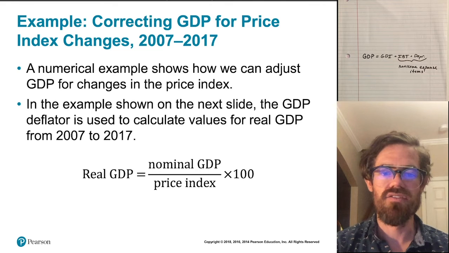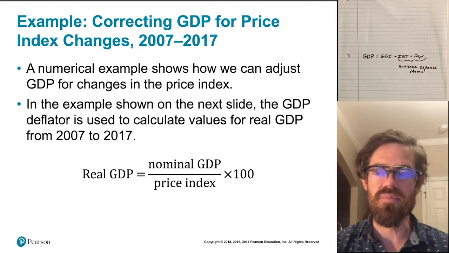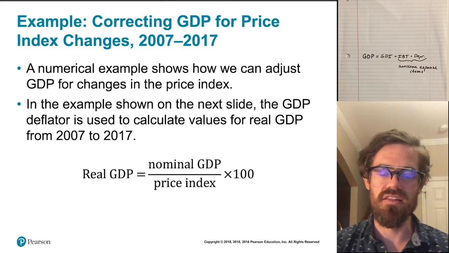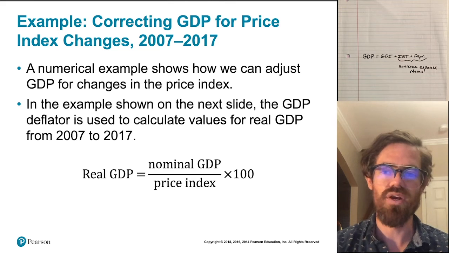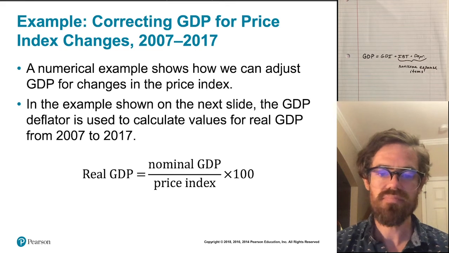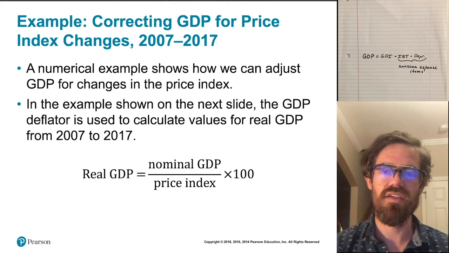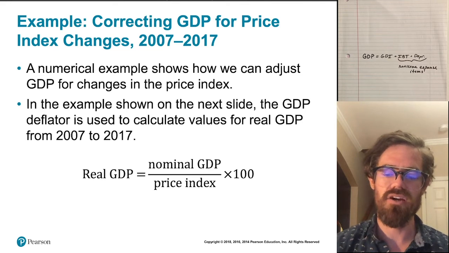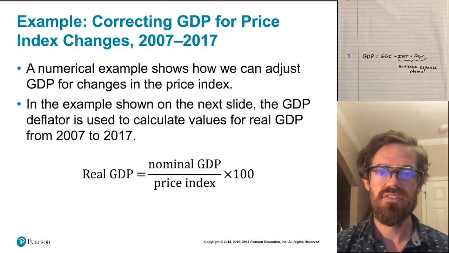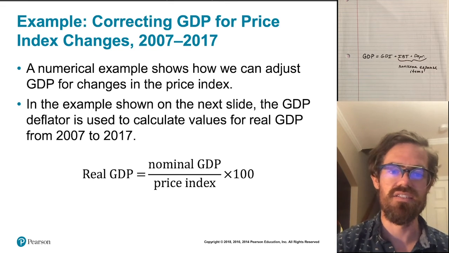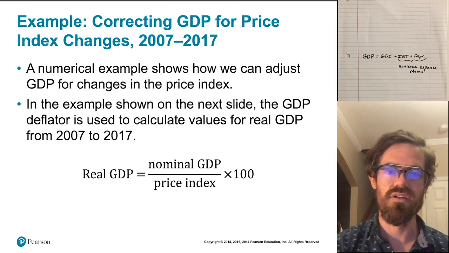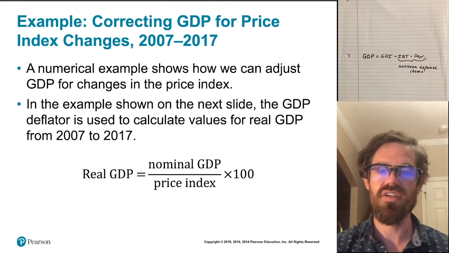So if we're talking about 2019 GDP, it's being measured in terms of the value of 2019 dollars, right? But maybe we want to express it in terms of real GDP so that we can compare it to other years. That's the main thing, that we want to be able to compare GDP in 2019 to GDP in 2010 or 2000. And we can only do that using real GDP.